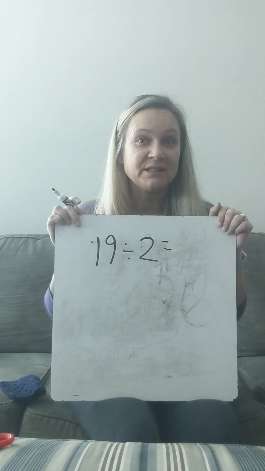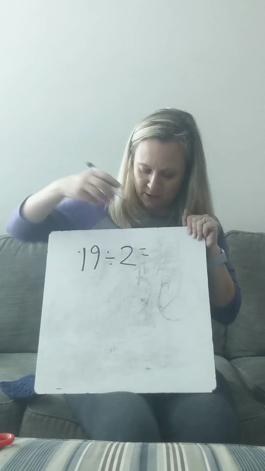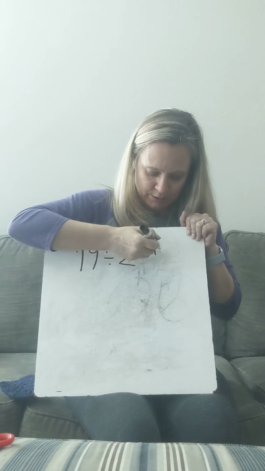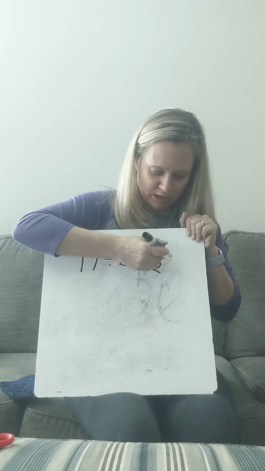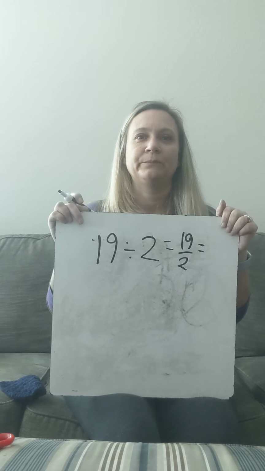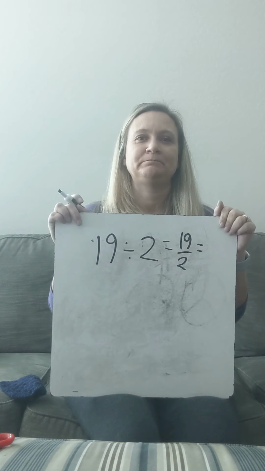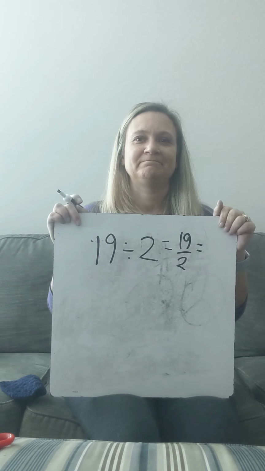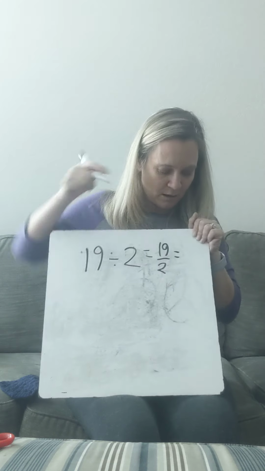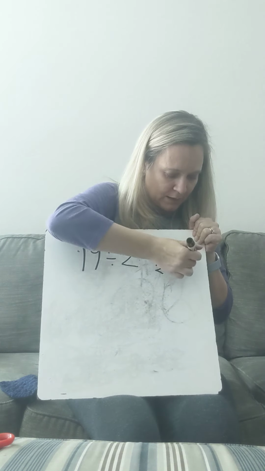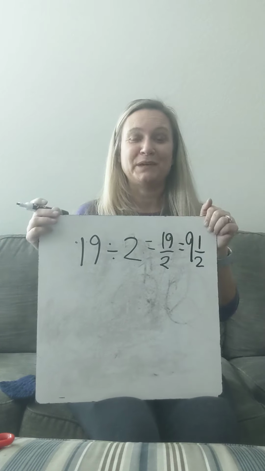Hopefully you will notice that it is improper and you need to divide to get your answer. So the improper fraction you should have is 19 over 2. Go ahead and divide that to come up with your mixed number. All right, hopefully you got 9 1/2 as your mixed number.